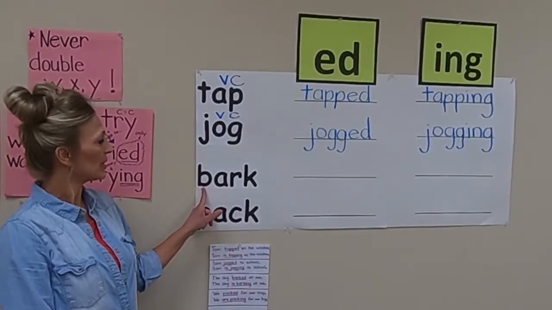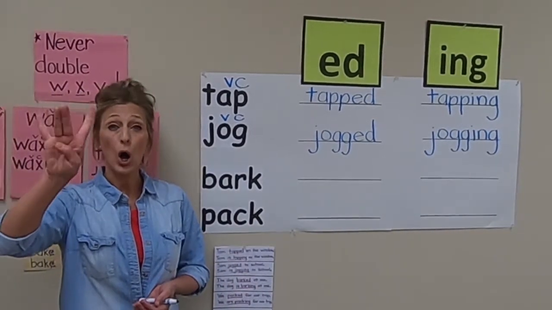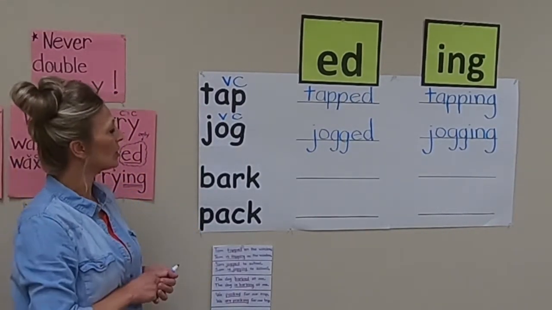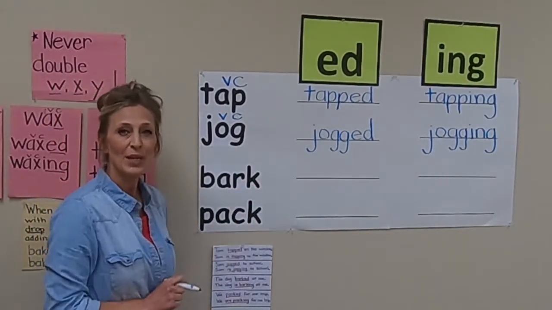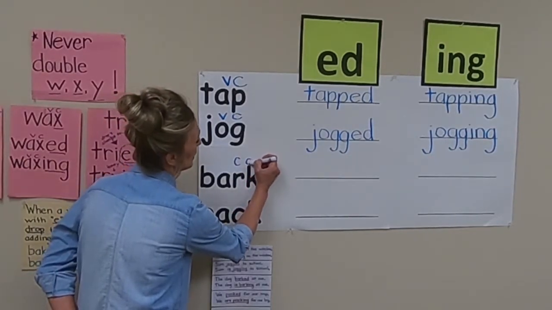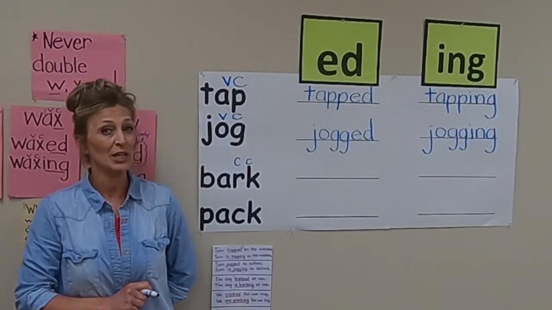Now we're going to go to the next word, bark. B-ark. Notice it has the R control vowel, AR. And look at the last two letters, RK. We know that R is a consonant and K is a consonant. So my word ends with a CC. Remember our jingle.